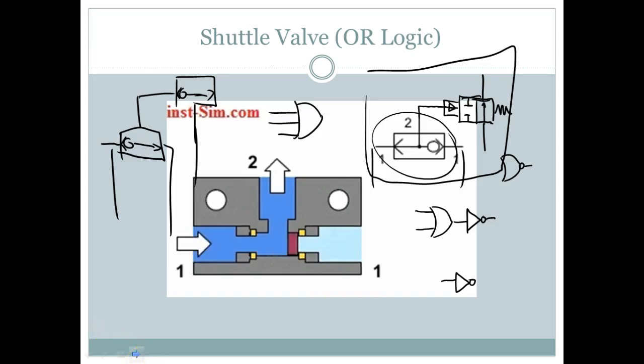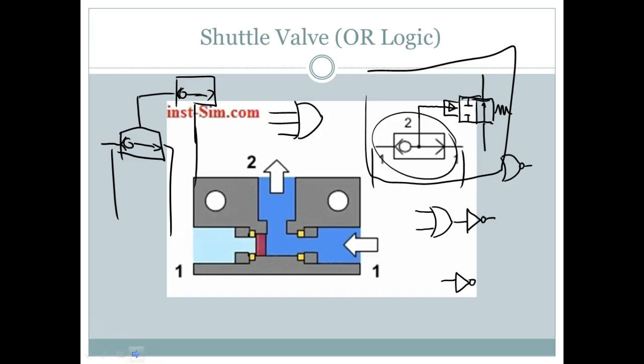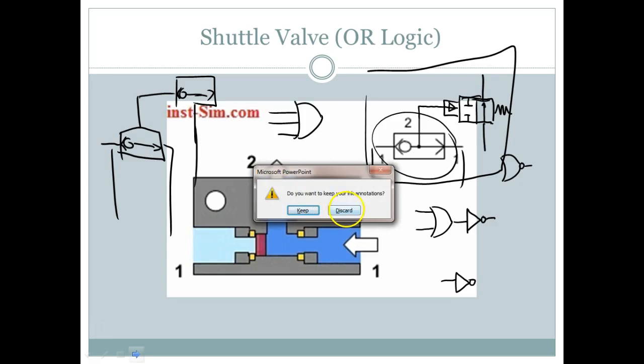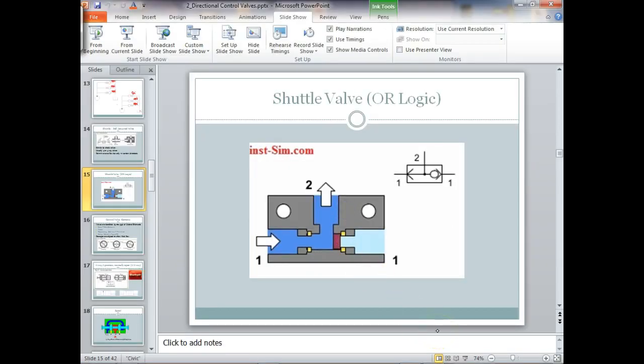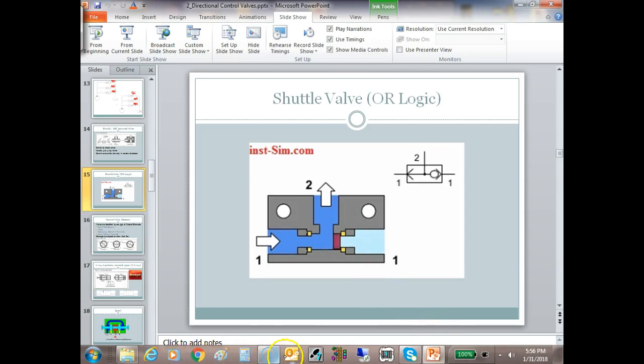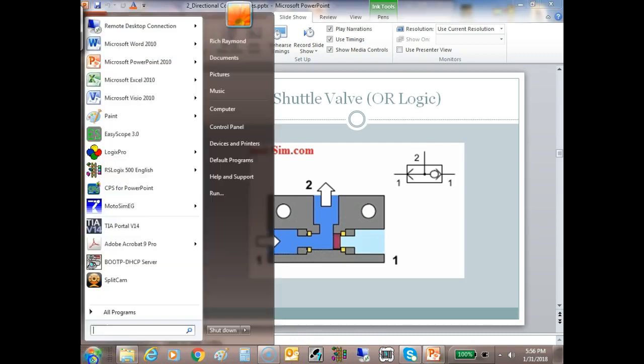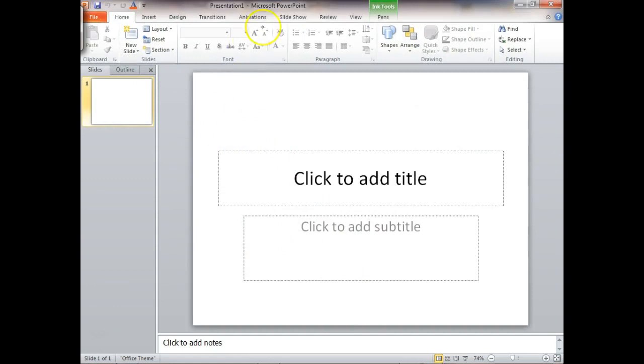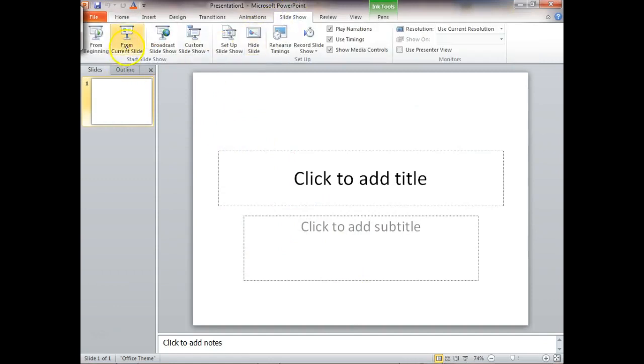So what would I do with an AND? Here we're talking about pressure, right? If we had 2 inputs, we could do the same thing that we did with the shuttle valve.